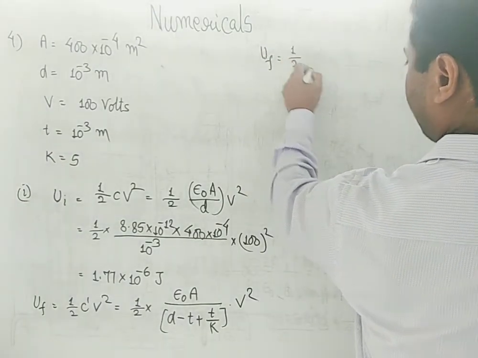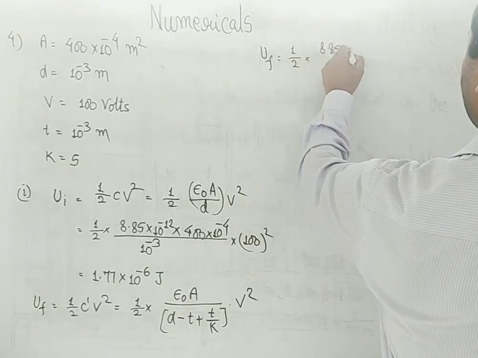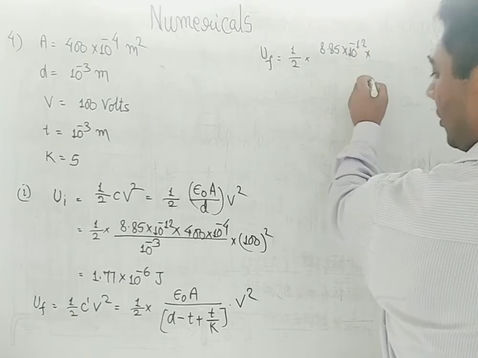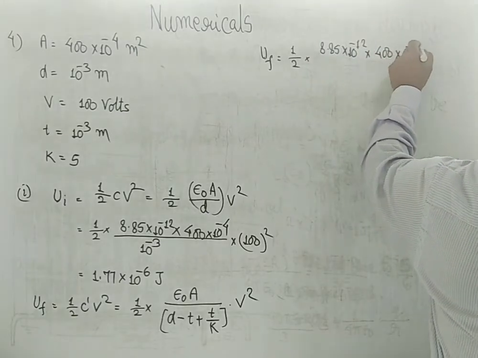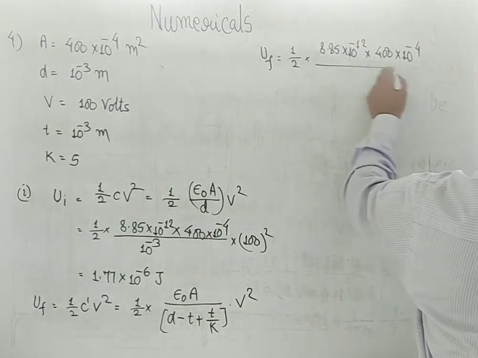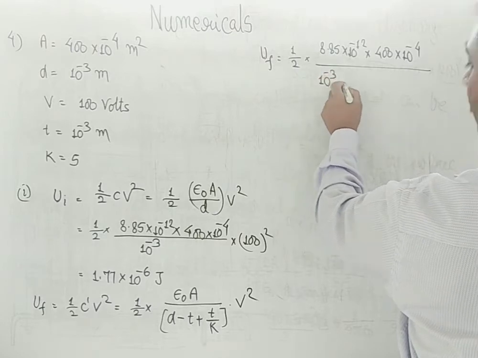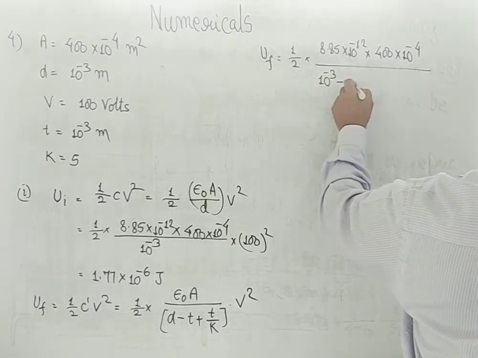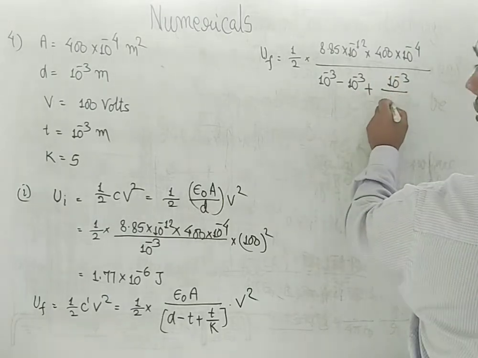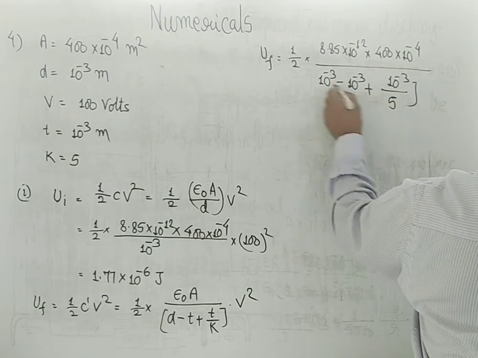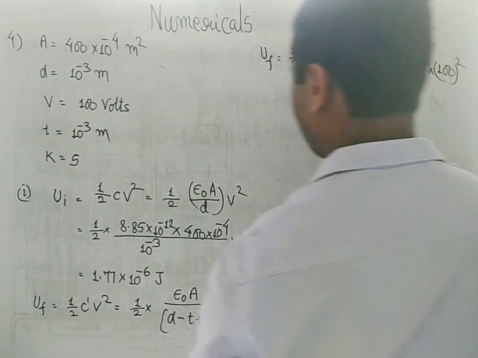So this is half epsilon naught, 8.85 into 10 to the power minus 12, into area, 400 into 10 to the power minus 4, upon D, which is 10 to the power minus 3, minus T, which is also 10 to the power minus 3, plus T, 10 to the power minus 3, upon K, which is 5, into V square, that's 100 square.